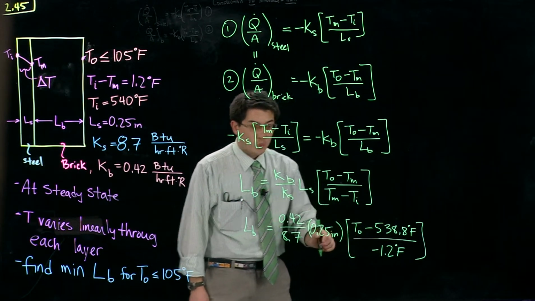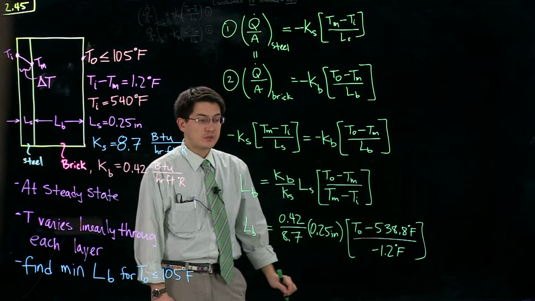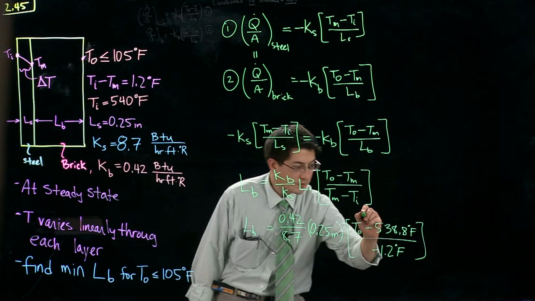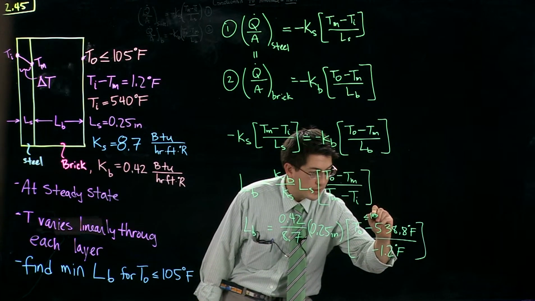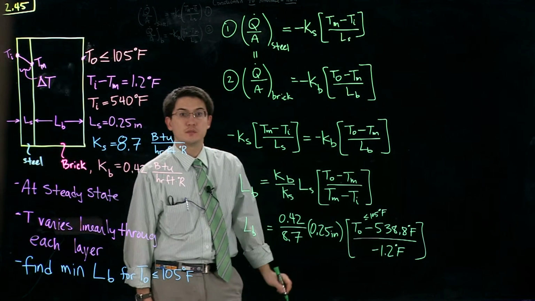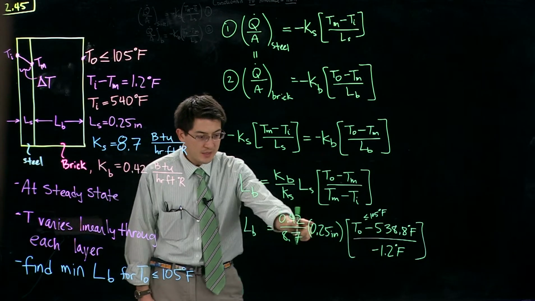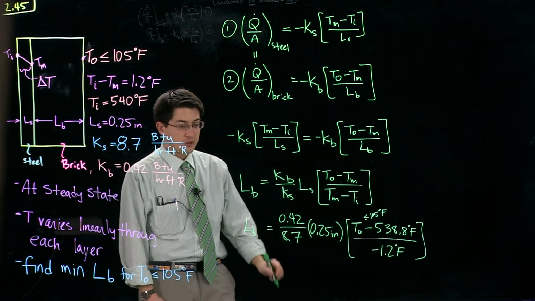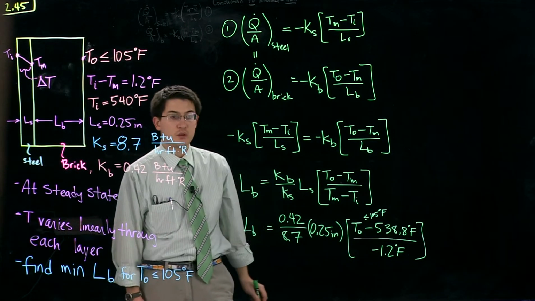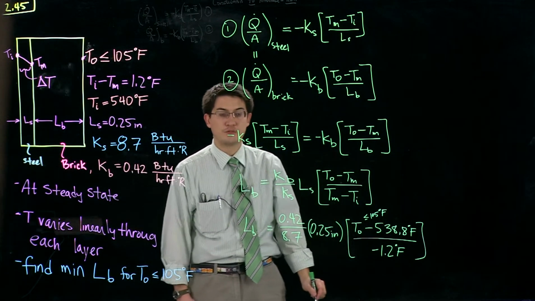All right. We want this to be 105 degrees or less, right? This is less than or equal to 105 degrees Fahrenheit. That means that Lb is going to be greater than or equal to some value if this is equal to 105.